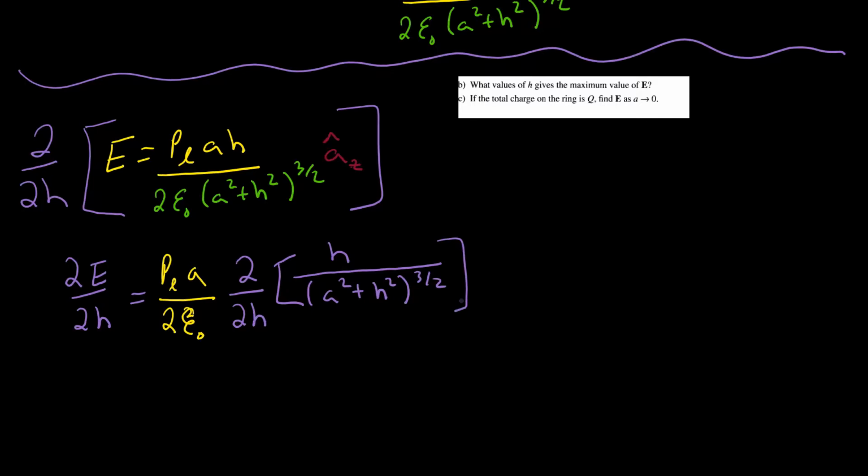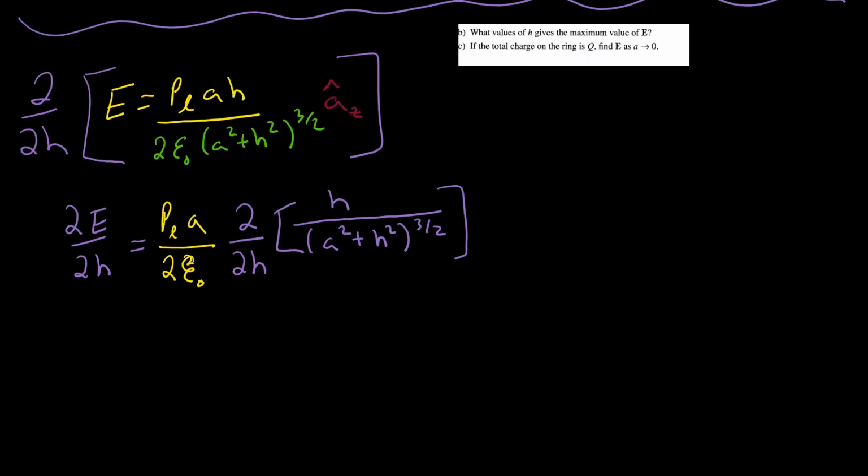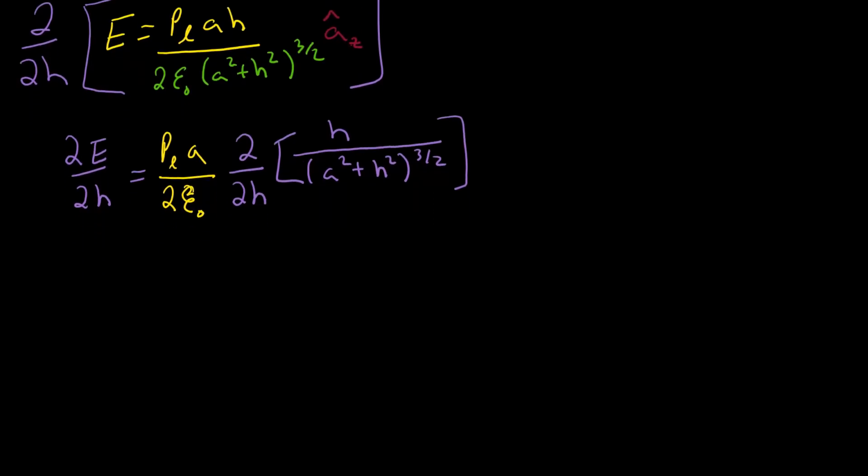I guess we have to do some derivative, which I haven't done in a long time. The best way would be the quotient rule: the derivative of the top times the bottom, minus the top times the derivative of the bottom, all over the bottom squared.